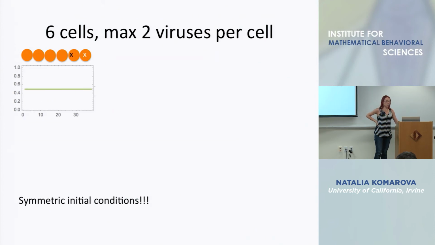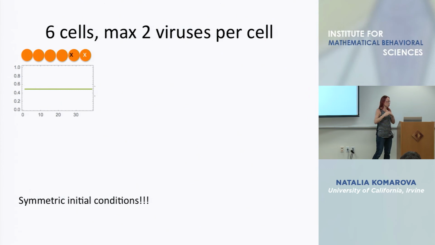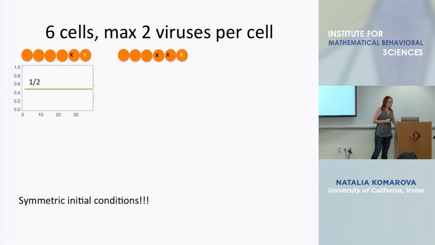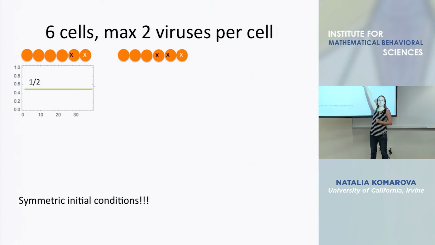But here's what I really wanted to share. Now, if you start with this initial condition, the probability for the mutant virus to dominate is 1/2. Now let's start with this initial condition. So it's completely symmetric. Everybody initially is in the same position. One virus per cell. It's just these two are non-mutant and this one is mutant.